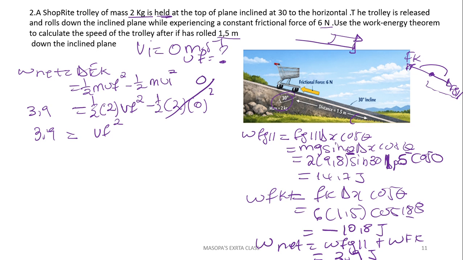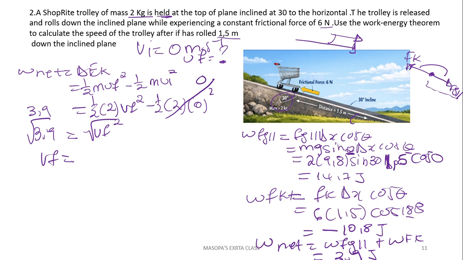We know 1 over 2 times 2 you get 1. So therefore we have Vf squared. Then from there what are you going to do? Square root both sides. Then we have Vf, that is equals to how much?